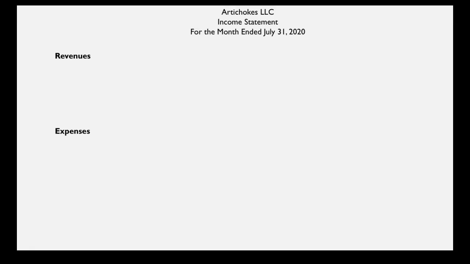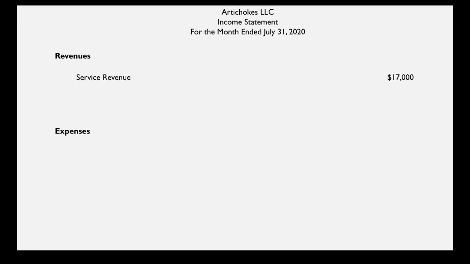So an income statement is for a period of time. And since we are just dealing with 1 month in this problem, our income statement will be just for the month of July.